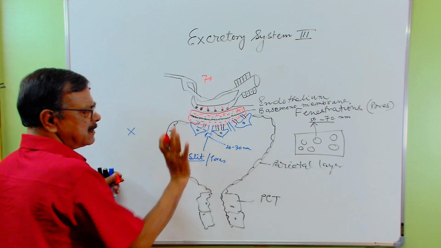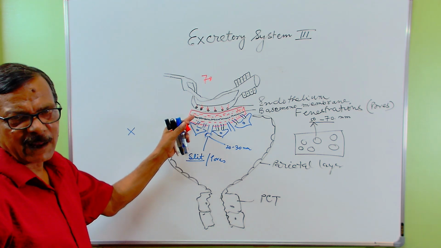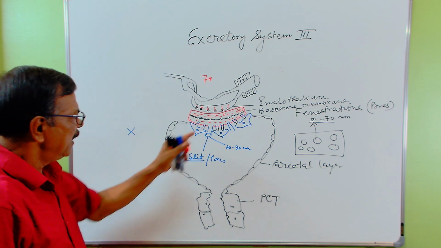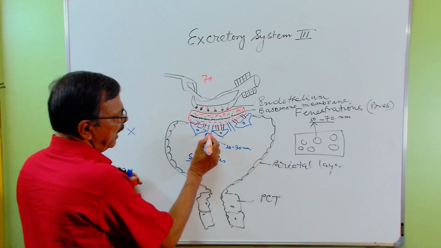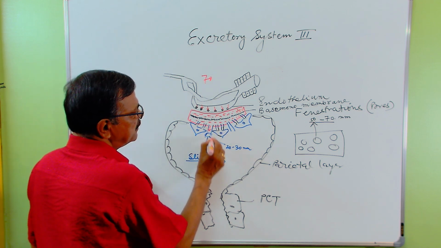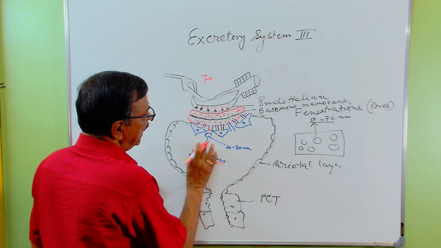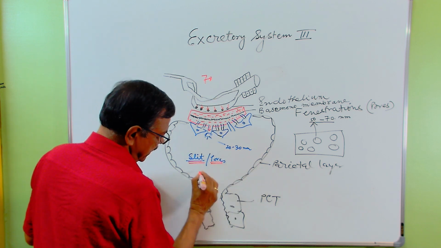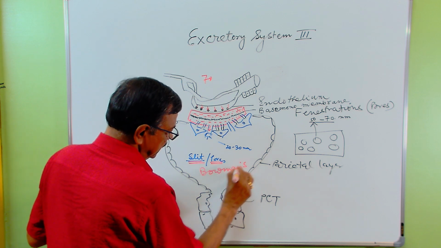These are all some layers we don't have to go through, like lamina rara, lamina externa, these are names. Now it passes from the basement membrane through the slit pores, and then the filtrate goes to Bowman's space.